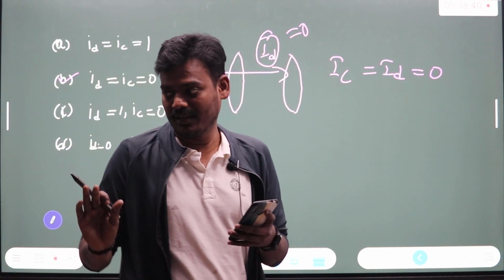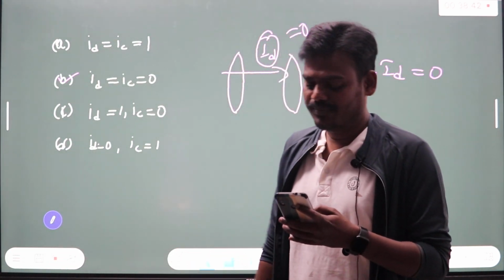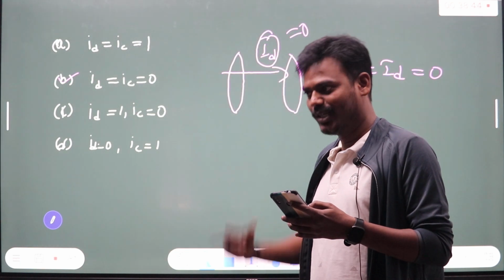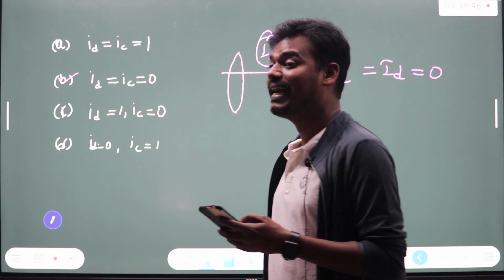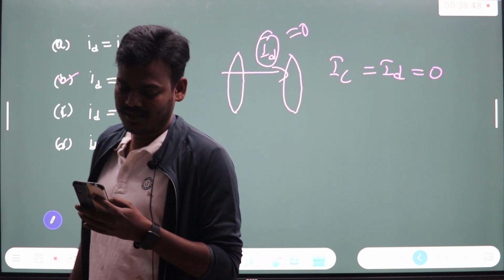Not capacitor, okay, reactance. It should be Faraday, you'll be thinking, right? It is not. Reactance.